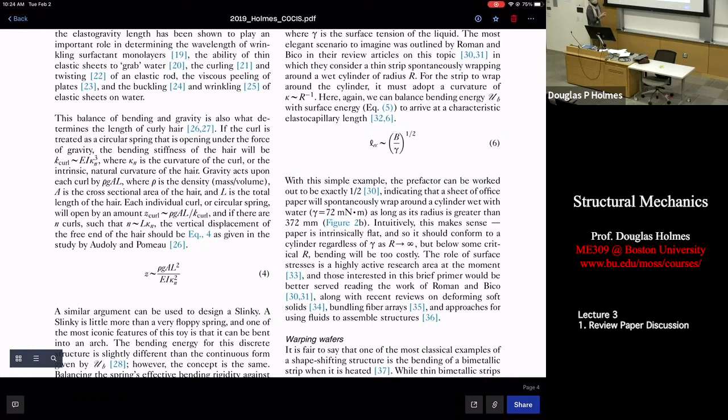This is mainly what I had for you all today. I wanted to introduce you to what I think of as modern structural mechanics, like what's going on in this area right now, to show you a couple of things. One is this is a really active area. If you find this stuff interesting, it's not just designing trusses for bridges.